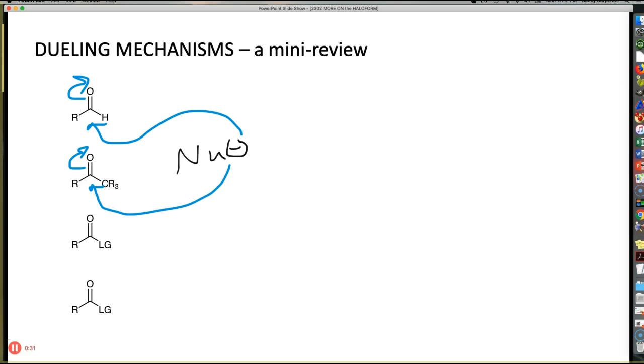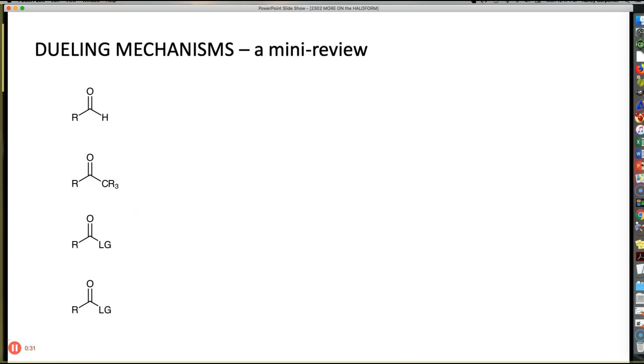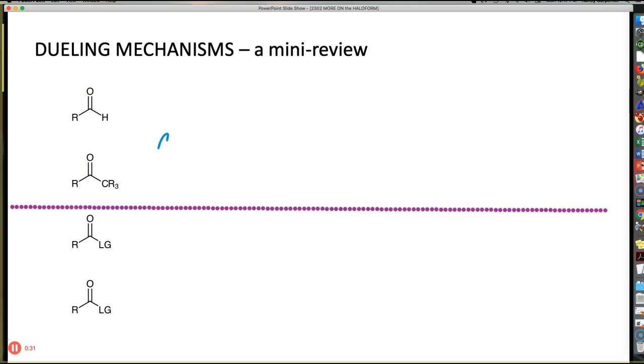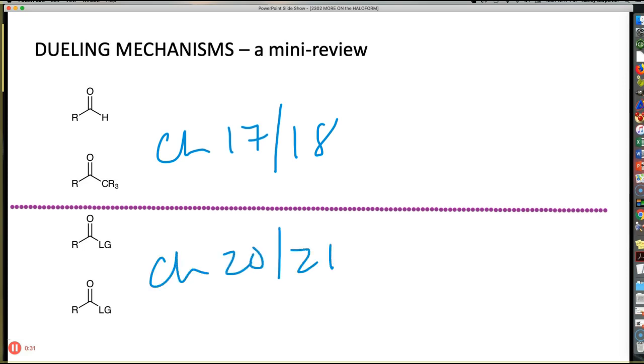And the nucleophile can be anionic, as shown, or neutral. But what's the difference here? The difference is chapter 17 and 18 versus chapter 20 and 21. And the big difference is this guy right here.